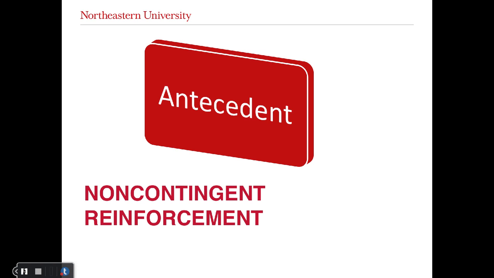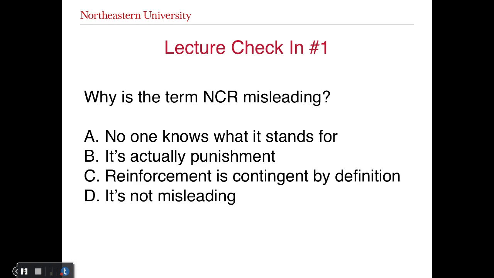You want to also think about what antecedent stimuli are being changed. Is it the SD? Is it the conditional stimulus? Is it motivating operations? Non-contingent reinforcement works. These procedures work in decreasing behaviors of interest. However, why does it work? And that's what you want to think about. Make sure that you can break things into the contingencies. But you're looking at the antecedents with non-contingent reinforcement.